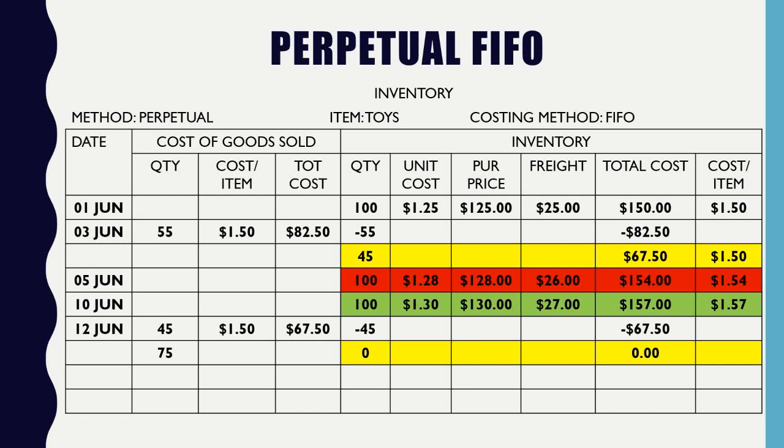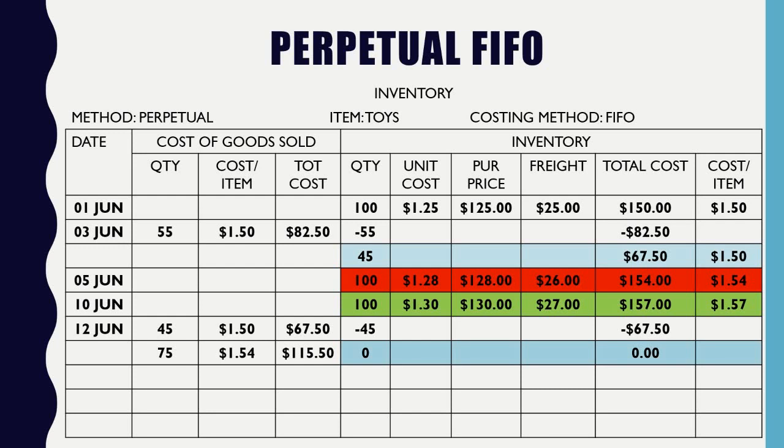So what cost per item am I going to be using to sell for my remaining 75 units? Red batch or green batch? The red batch. We're going to take away from the red batch, which its cost per item is $1.54.